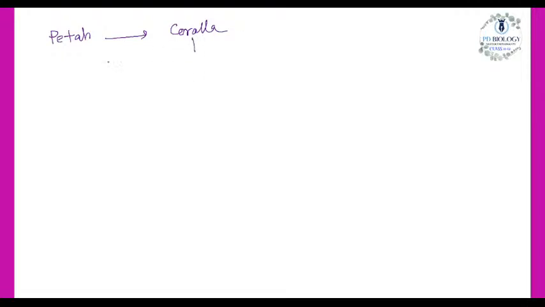The corolla is also of two types, so now the concept will be clear: gamopetalous or polypetalous.